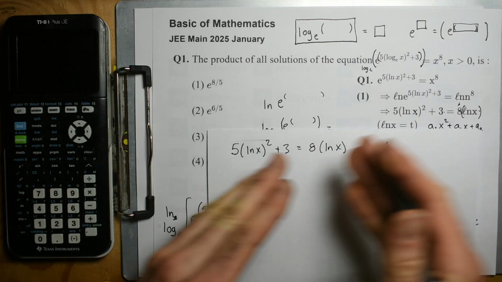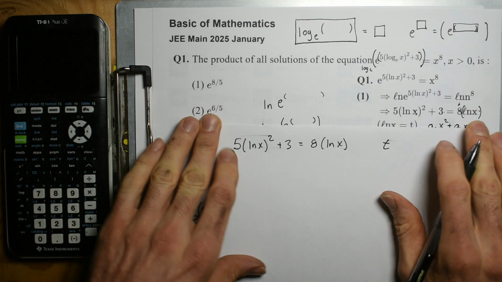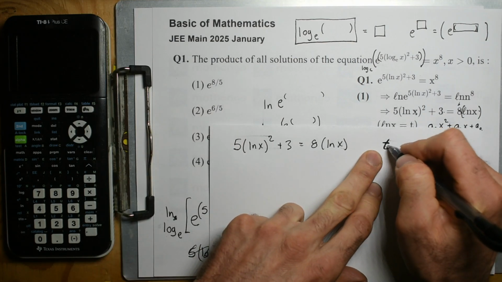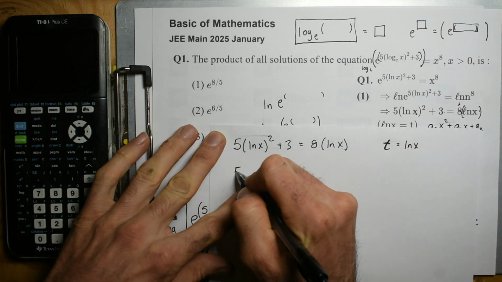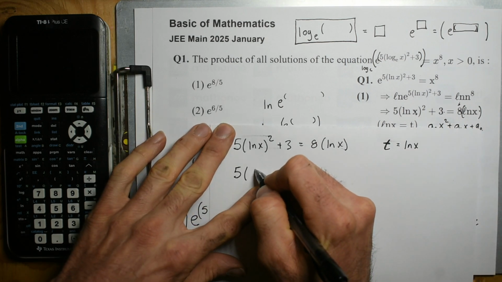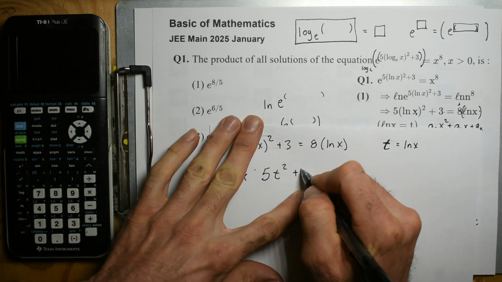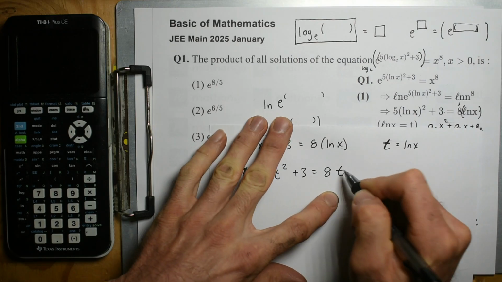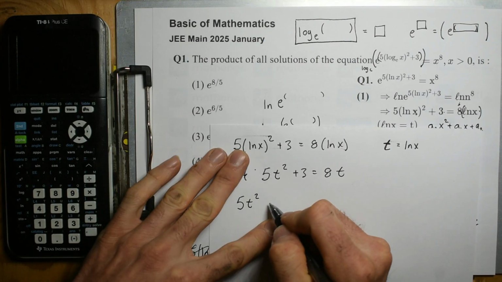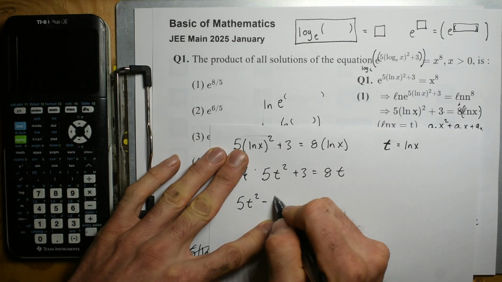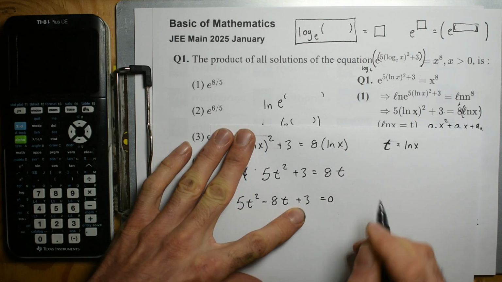It's kind of like a u substitution, but we're just going to change the independent variable to now t. And we're going to say t is equal to ln x. And so this is going to be 5t squared plus 3 is equal to 8t. Now I'm going to get everything over here. So I'm going to have 5t squared minus 8t plus 3 is equal to 0.